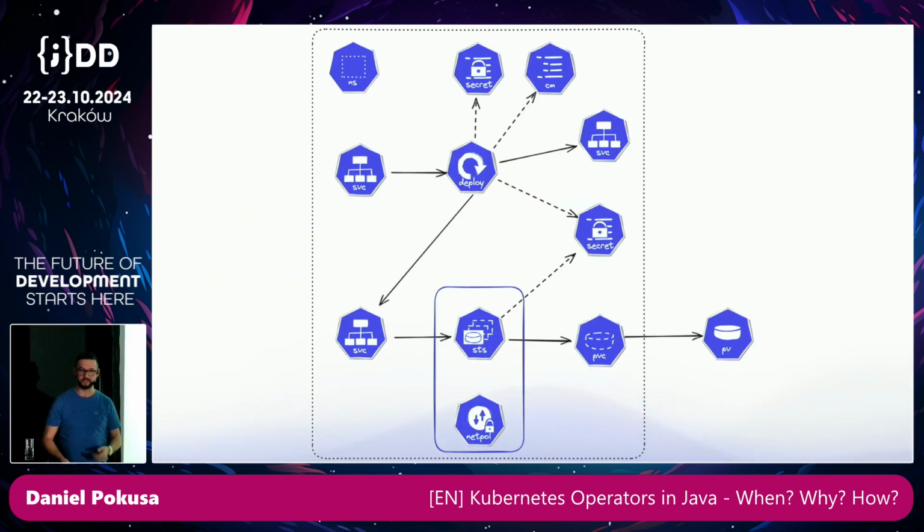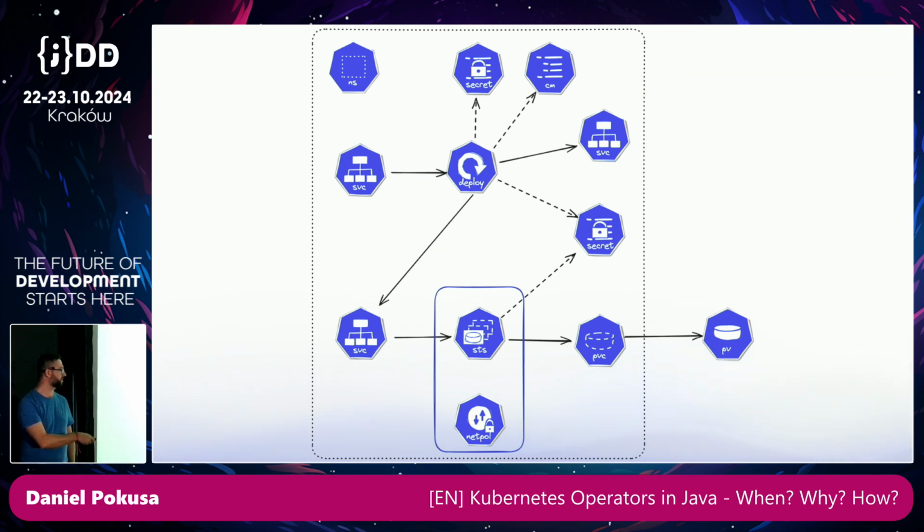So let's imagine our application a little bit more complex, okay? There will be some kind of deployment. The deployment will have its service, so we can connect to this deployment using this service. There will be an additional service, some kind of, I don't know where. There will be a secret for the database. There will be a config map for some kind of configuration.